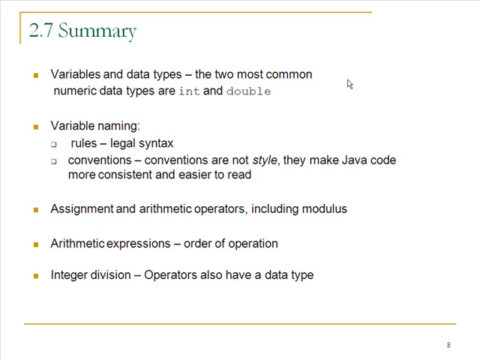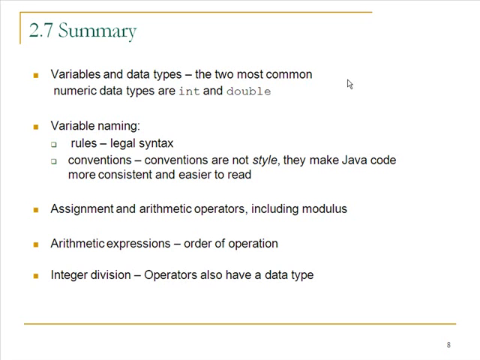And we discussed briefly the order of operation in arithmetic expressions. The multiplicative operators have a higher precedence than the additive operators. That works the same as it works in conventional algebra. Then integer division and double division, introducing the concept here that operators also have a data type.